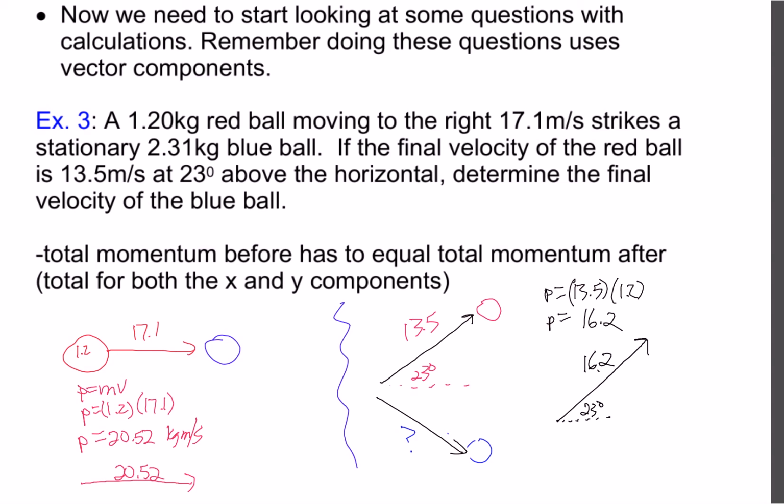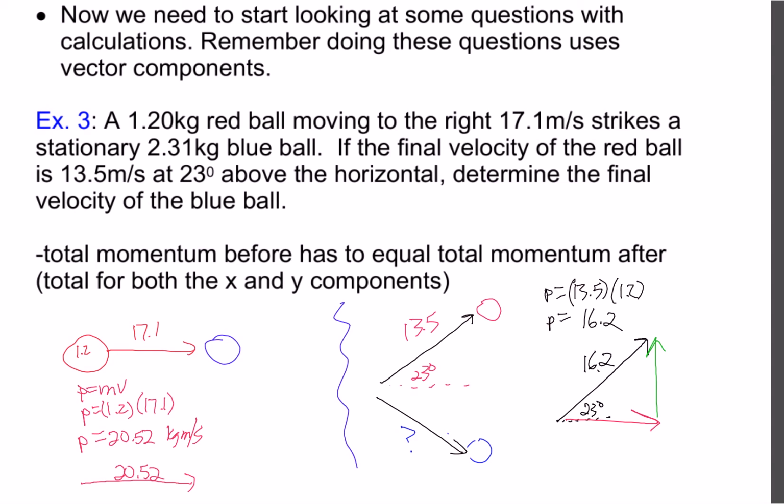We can't deal with angles, we want to deal with horizontal and vertical components. So we'll have a horizontal component, I'll draw that in as red, and then a vertical component, which I'll draw in as green.